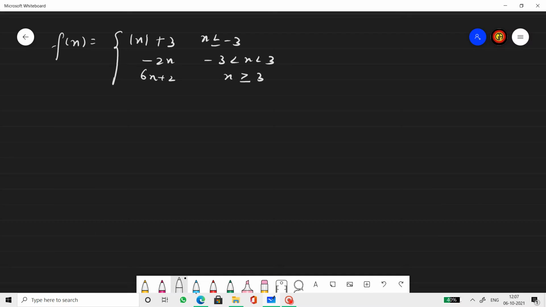Alright. Now as you can see here, the function is defined for minus 3 and 3.